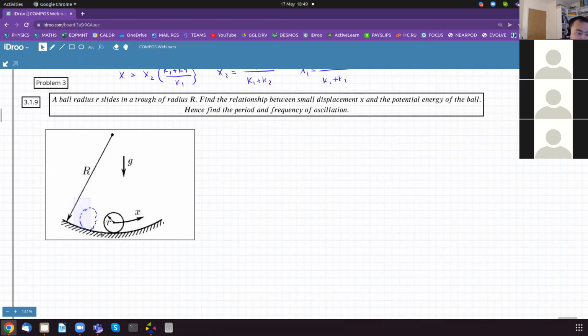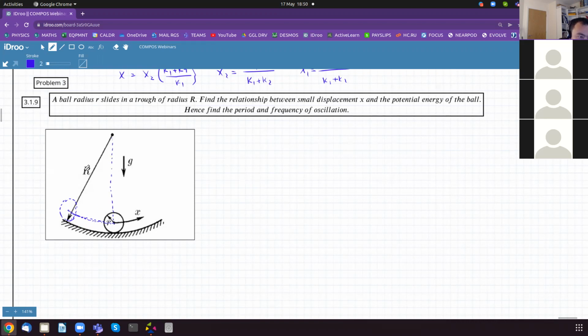We're talking about small oscillations, and you will see in a minute why. So let's say the ball has displaced here. Now this is a bit tricky because we need to consider the center of the ball rather than the bottom of the ball. We need to find the displacement of the center.